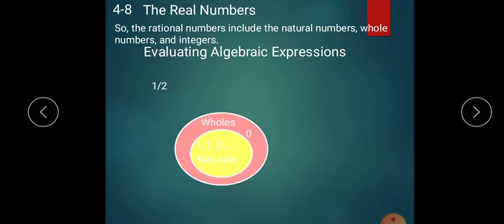The yellow part is the natural numbers. When 0 is included, it becomes the set of whole numbers. As you can see, the bigger circle is whole and inside the whole is natural. So natural numbers means 1, 2, 3 up to infinity, and whole numbers means 0 is included.